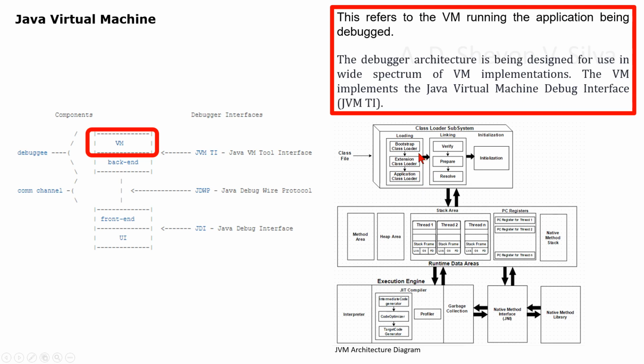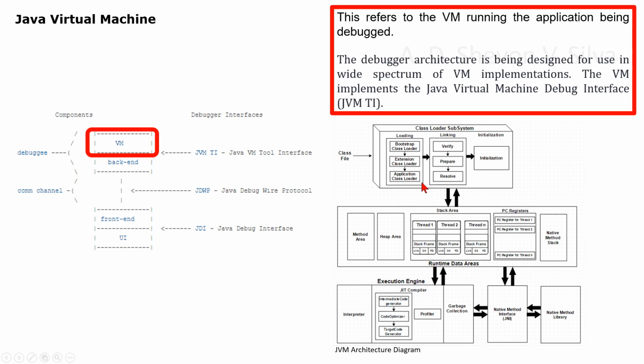Bootstrap class loader is responsible for loading classes from the bootstrap class path, nothing but rt.jar. Highest priority will be given to this loader. Extension class loader is responsible for loading classes which are inside the ext folder, jre/lib.